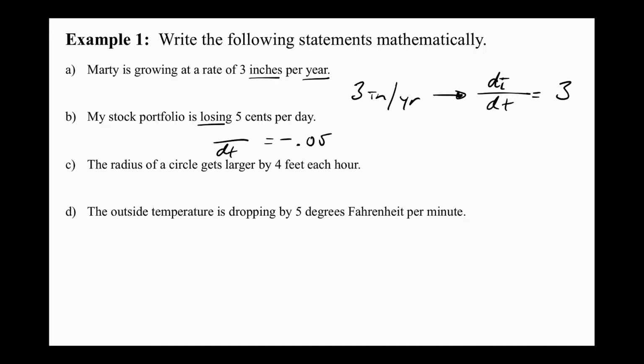You could put dc for cents, or since we changed it to dollars, we would put dollars, or dd is okay. Money is changing over time. How much is it changing? It's going down by 5 cents.